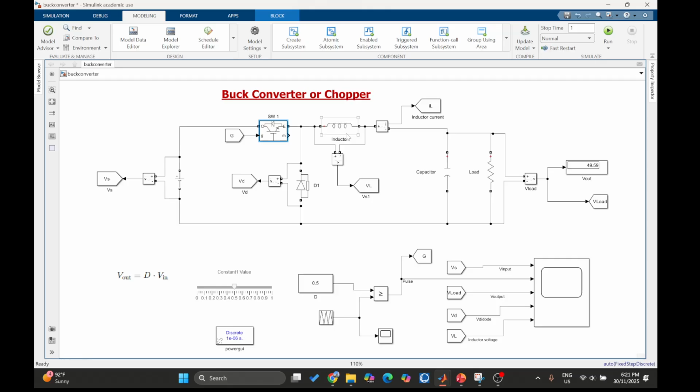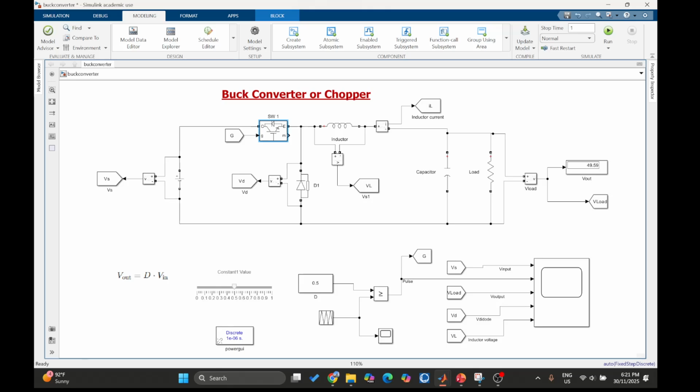Because the inductor resists sudden change, the current ramps up smoothly and energy is stored in the inductor in its magnetic field, and the diode is reverse biased. Therefore, nothing conducts in the diode. The current flows from the source through the inductor, then the capacitor and load.